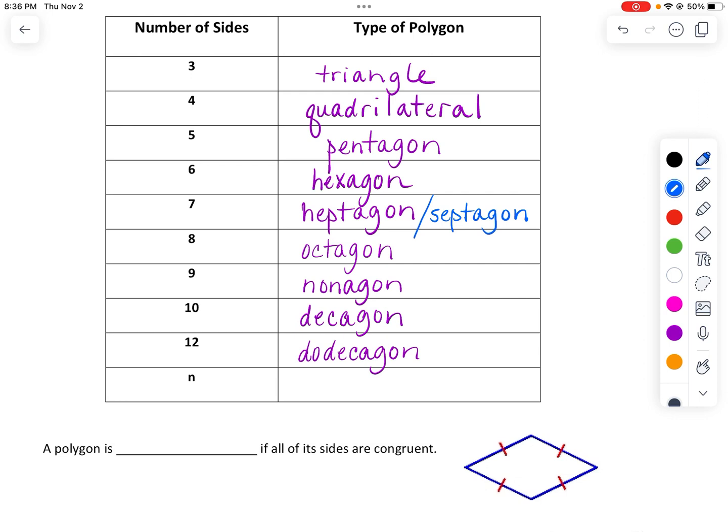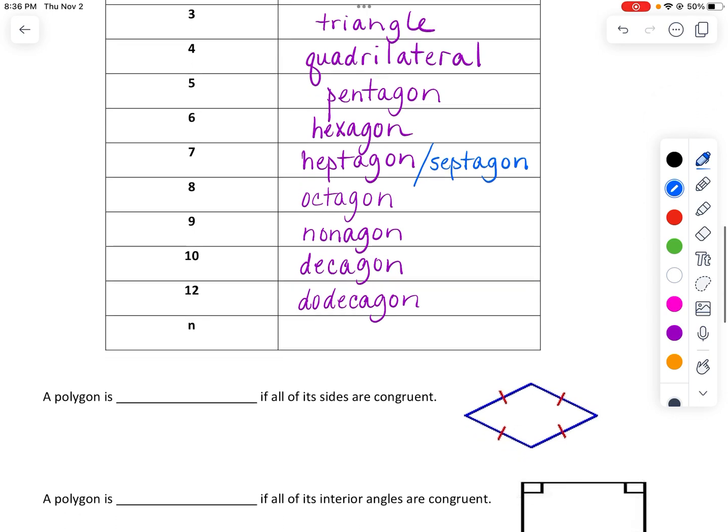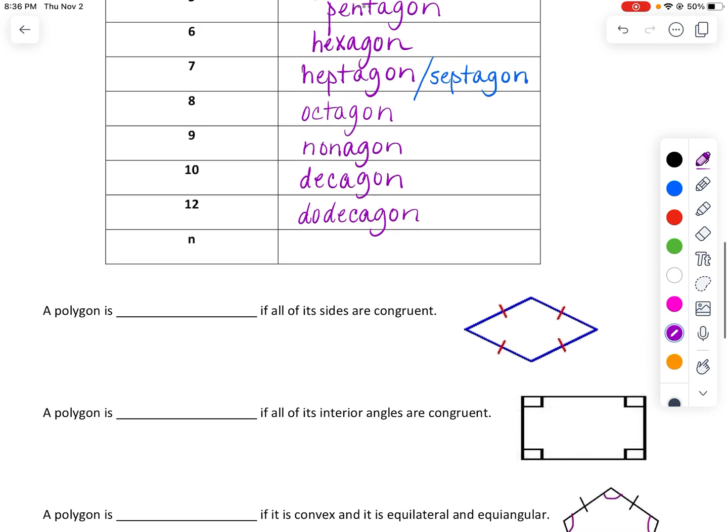Now the N is there because sometimes we'll have a 13-sided figure or an 18-sided figure, and we don't give those special names. I know maybe there are special names you could find if you looked it up, but for us, anything above 12, we just use how many sides it has and then dash gon.